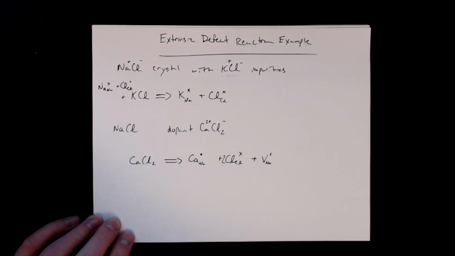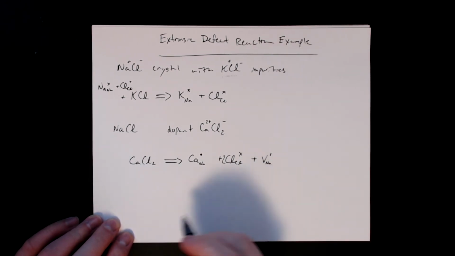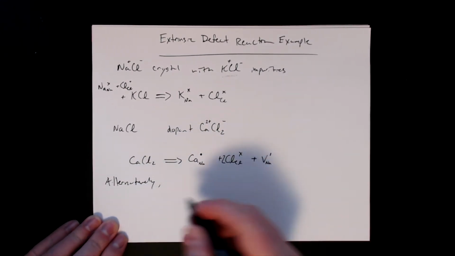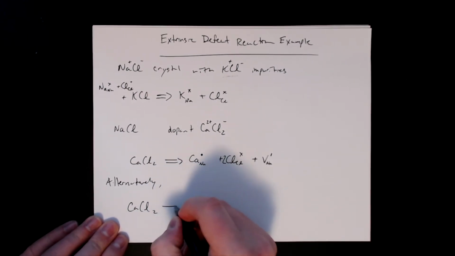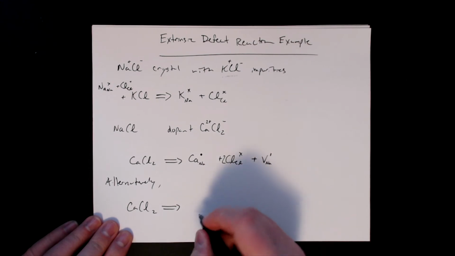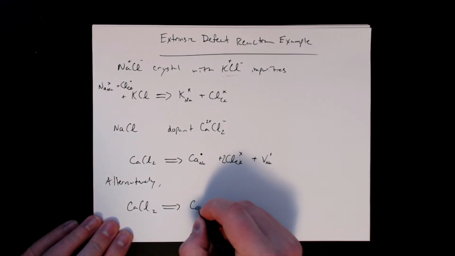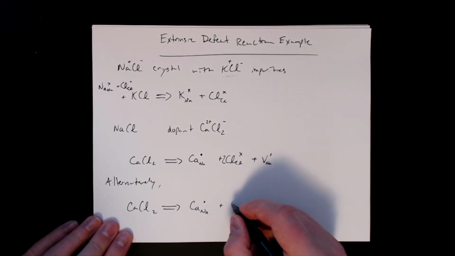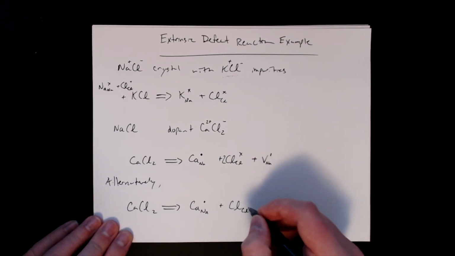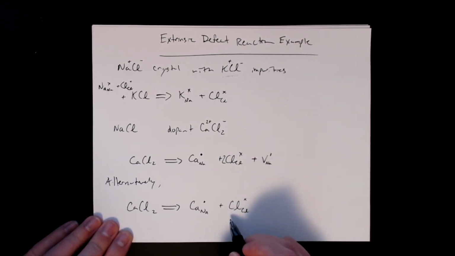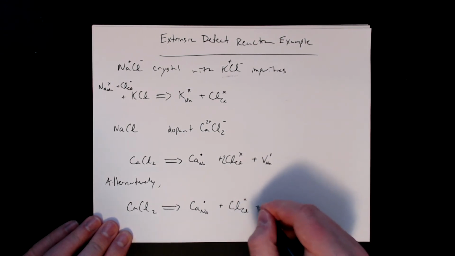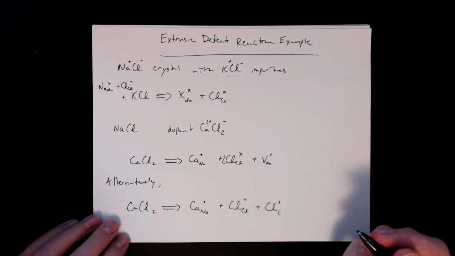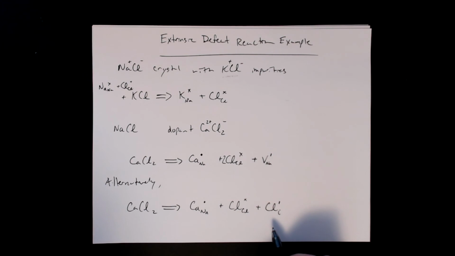We could also alternatively think of a slightly different approach. If we have calcium chloride, and the calcium goes for sodium, and we have chlorine go for chlorine, but we only have one of those, and another chlorine goes into an interstitial, which would then create the negative charge to balance, right?